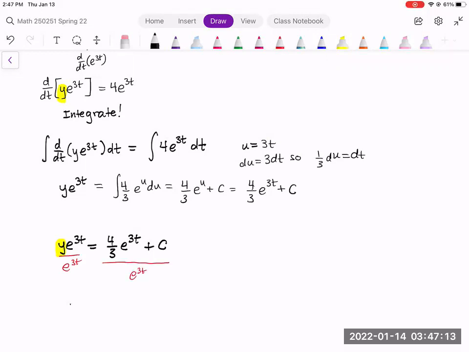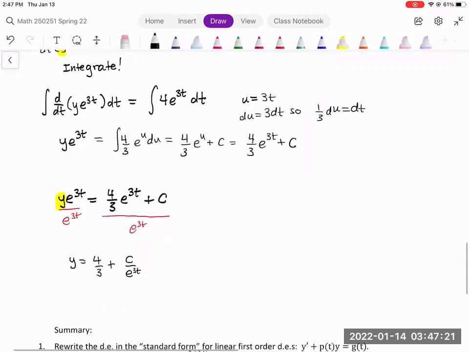So we get that y is equal to 4/3 plus c over e to the 3t. We can leave it in this form or rewrite it as y equals 4/3 plus c e to the negative 3t. And we've done it.